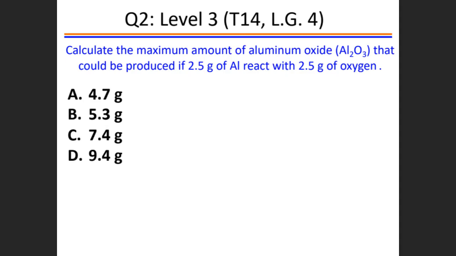Calculate the maximum amount of aluminum oxide that could be produced if 2.5 gram of aluminum reacts with 2.5 gram of oxygen. So that means first you need to find the balancing of the chemical reaction.